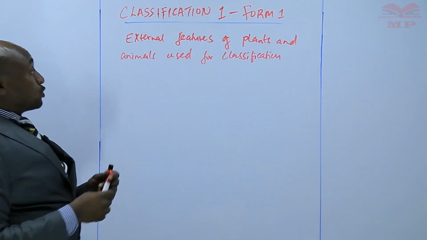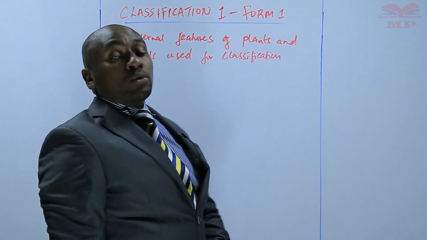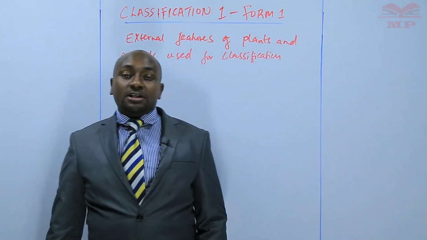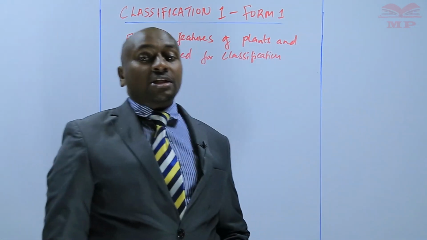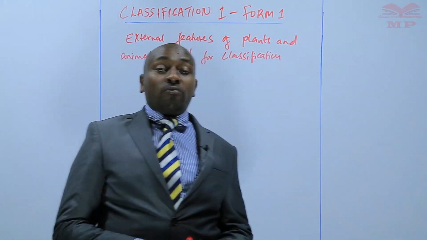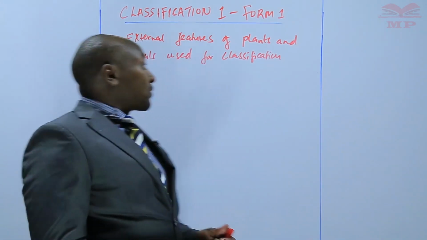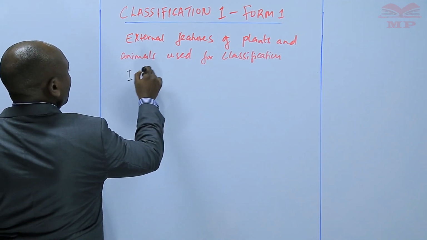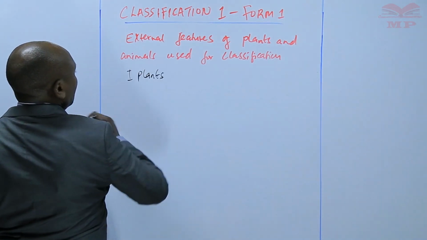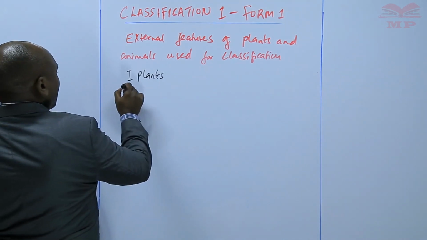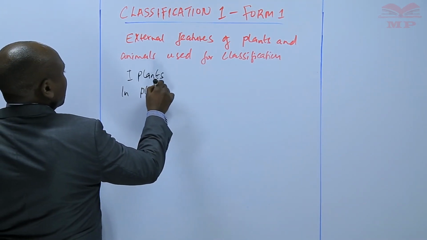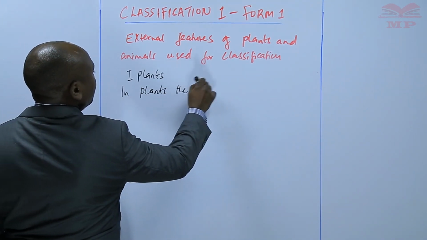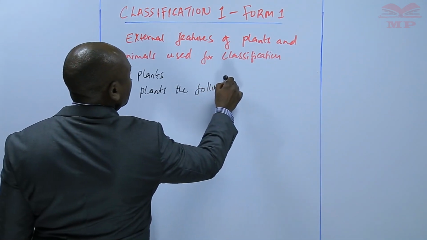So it is important to ask ourselves which are the external features that are used during the classification of plants and animals. So we'll start with the plants. And you say that in plants, the following features are used.